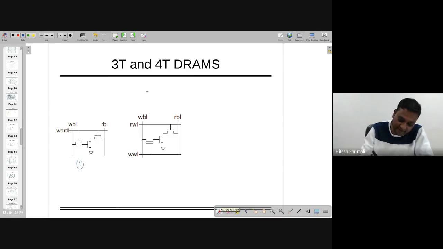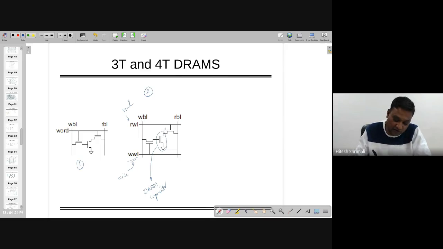talking about the second technique where you can read and write separately. So this is the write word line and this is the read word line. When you want to write something in this cell, here the DRAM capacitor is this transistor where you are writing or reading from.